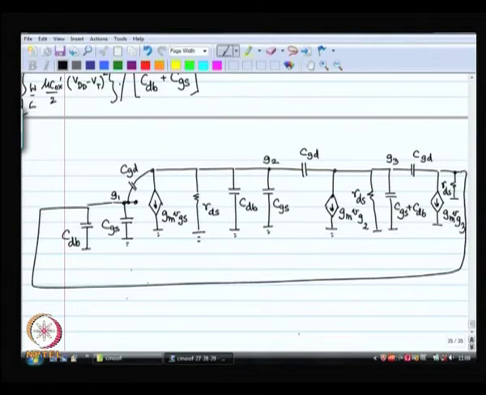All right. So, this is what you have got. You have got a complicated network, it is not really that complicated.